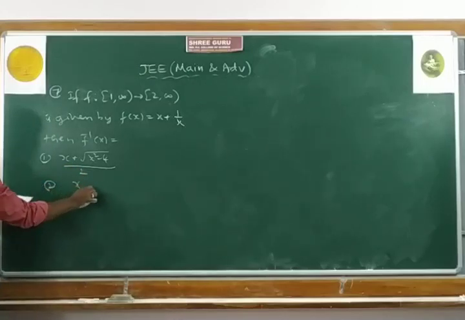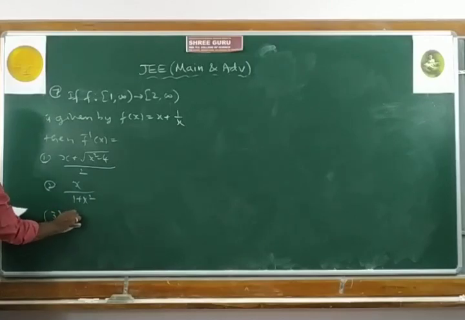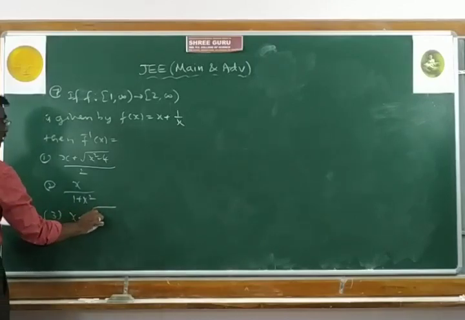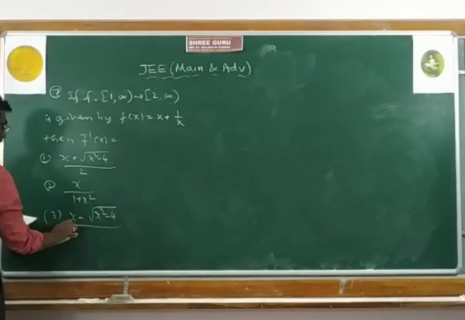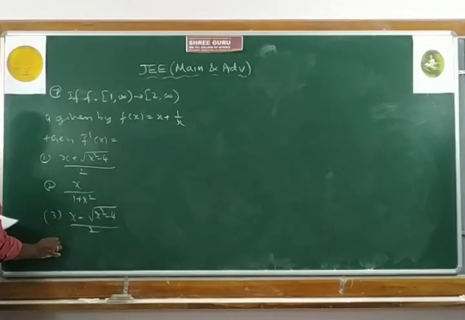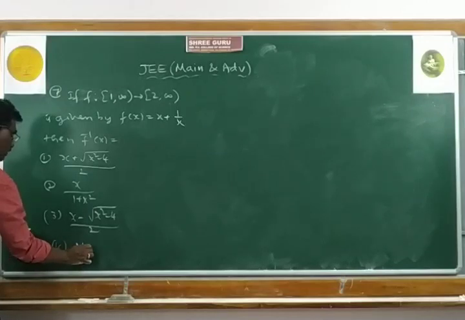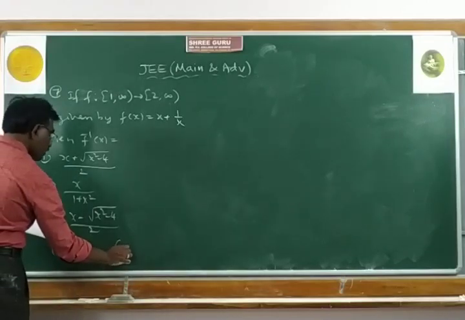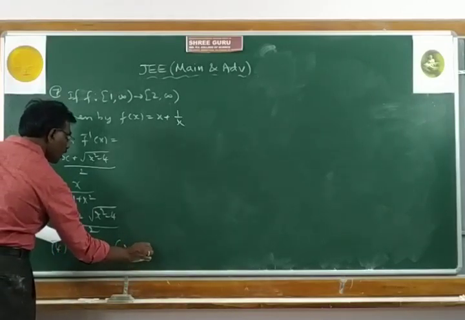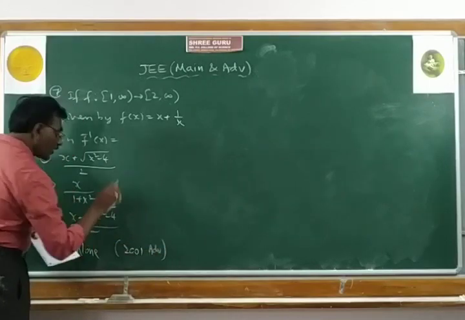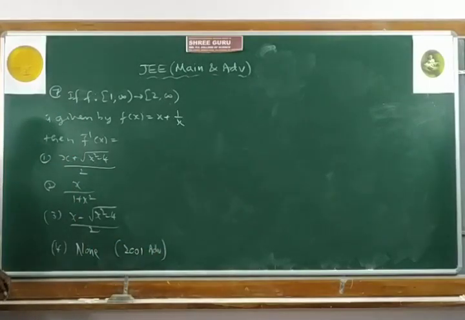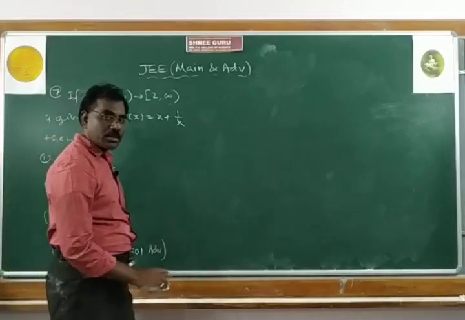Second option, x by 1 plus x squared. Third option, x minus root of x squared minus 4, by 2. And fourth option, none of these. This is IIT Advanced 2001, right? This question was asked in 2001.